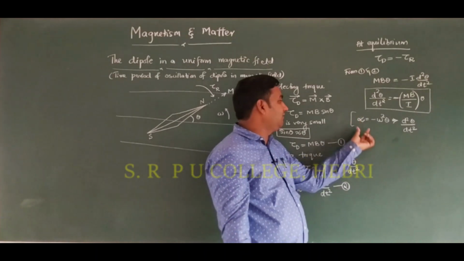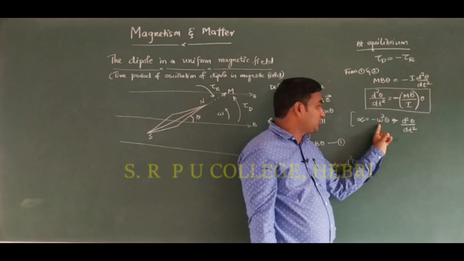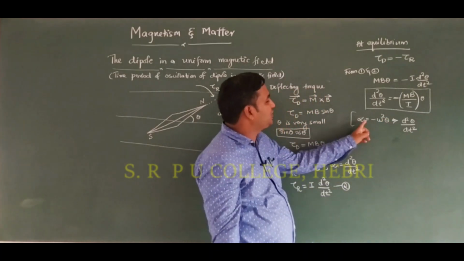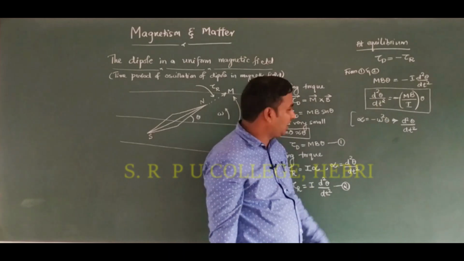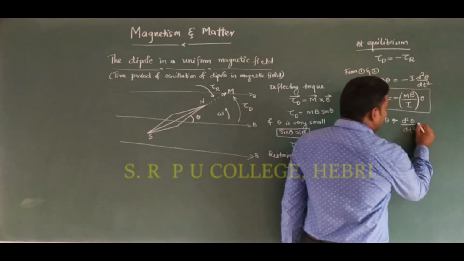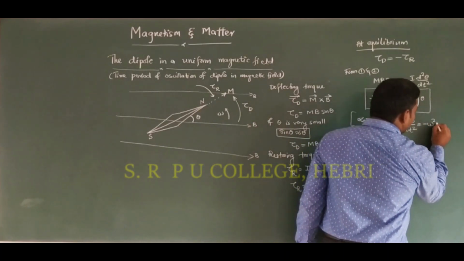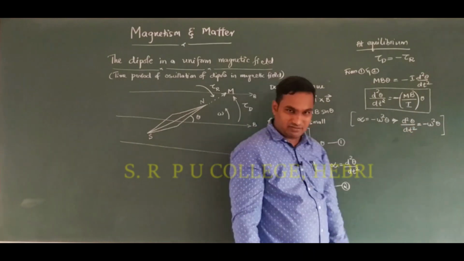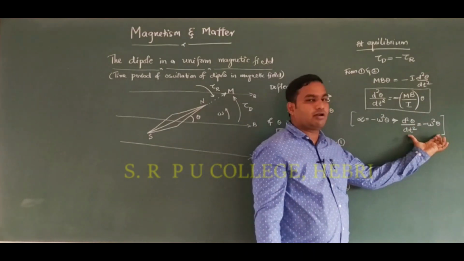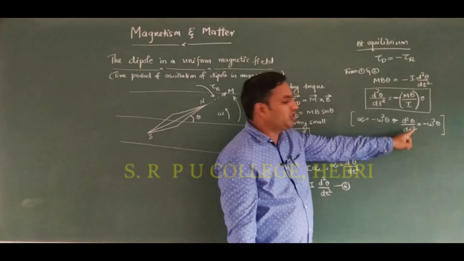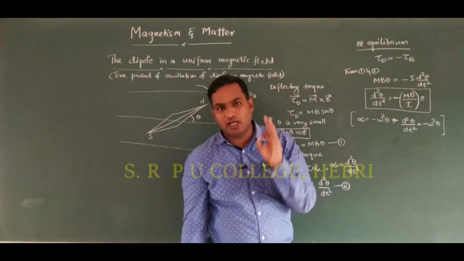If it is linear, a is equal to minus omega square into y or x. If it is rotational, alpha is equal to minus omega square into theta. This equation represents simple harmonic motion.